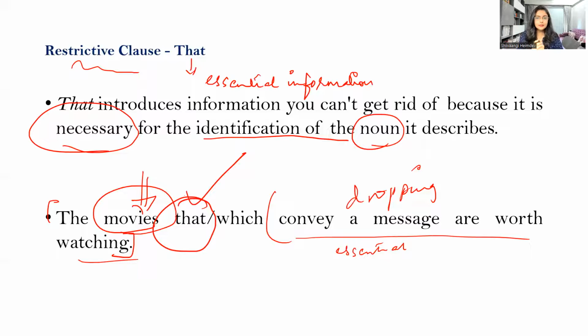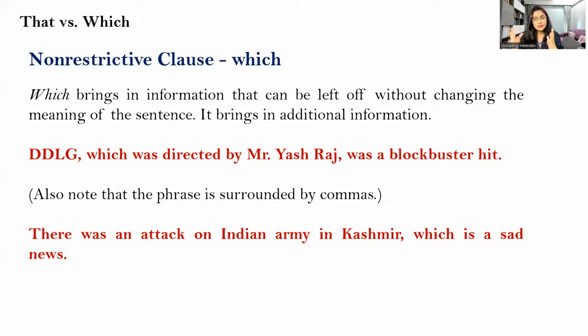Now, when should we use which? Which, on the contrary, is a non-restrictive clause. What do you mean by non-restrictive clause? It means any information that is additional in nature, that is not necessary for the sentence to stand alone. Let's take an example.